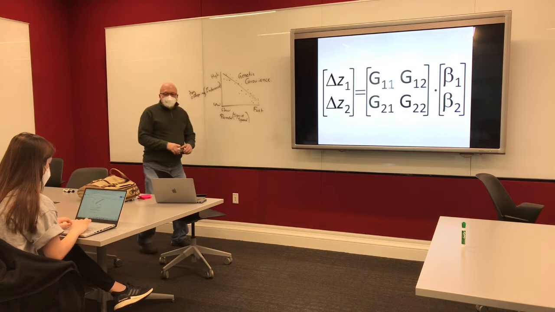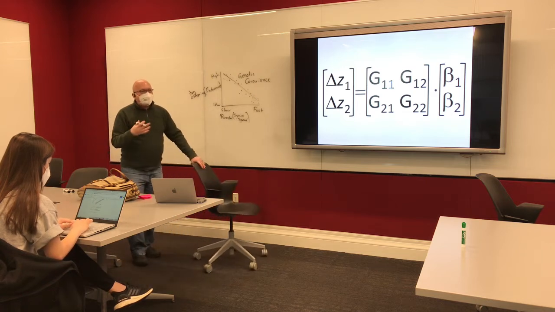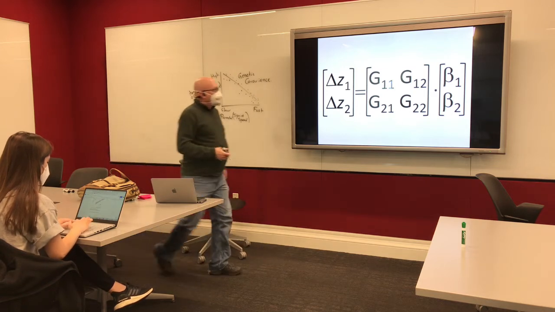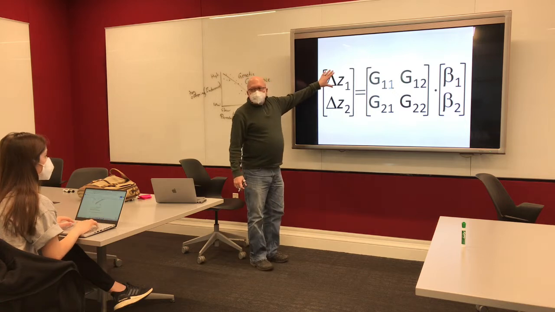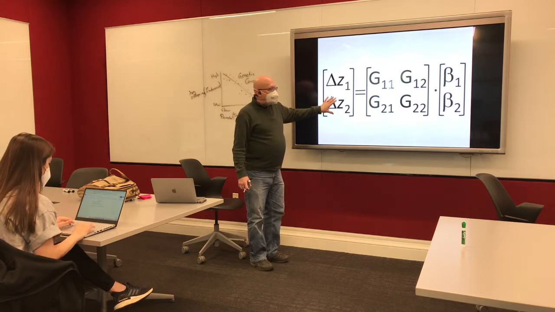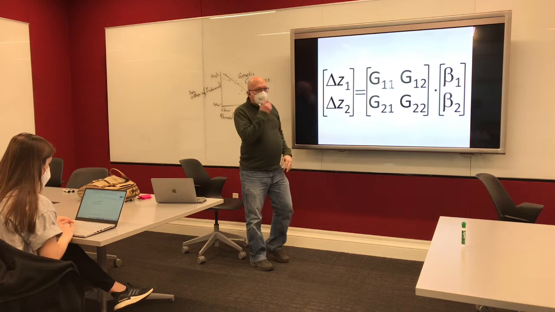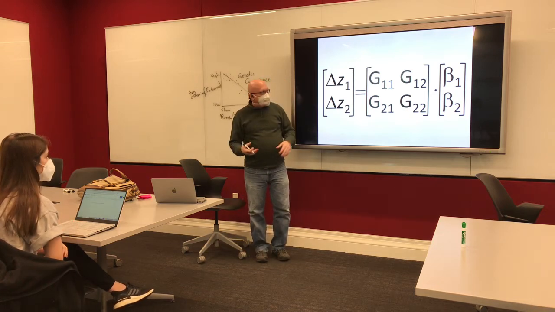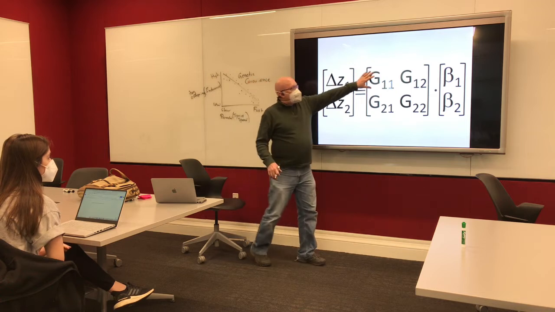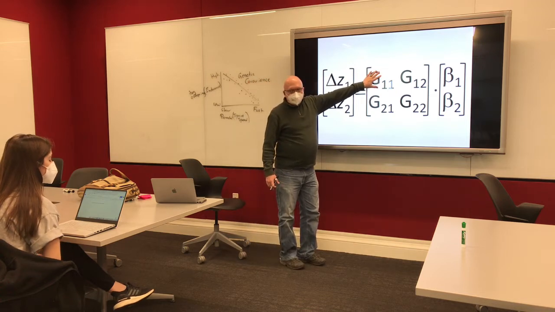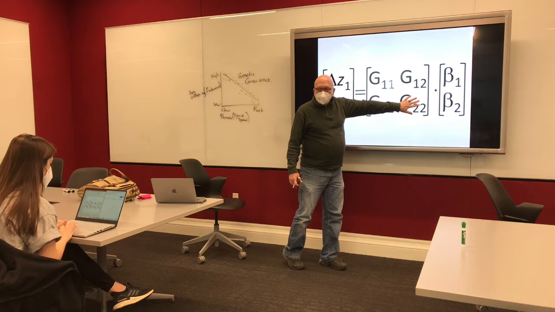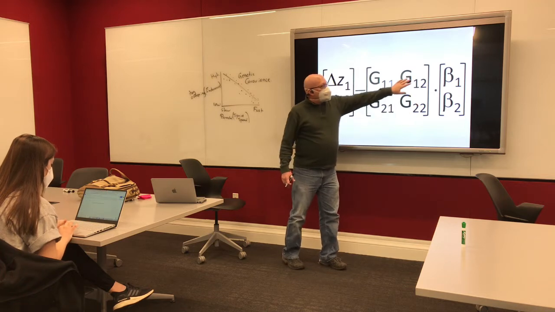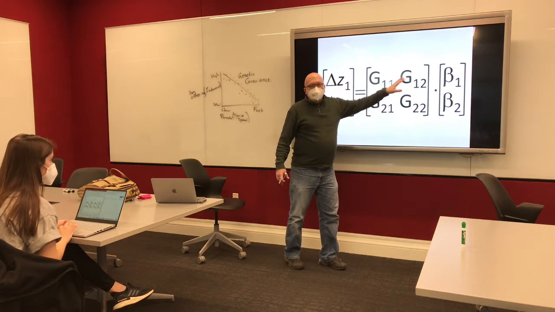And so if we're interested in following the evolution of sprint speed and the evolution of endurance, we need a couple of things. We need to know the heritability of sprint speed and endurance. If this is sprint speed, this would be the heritability of sprint speed. This would be the heritability of endurance. And these two things would be the genetic covariance between sprint speed and endurance.